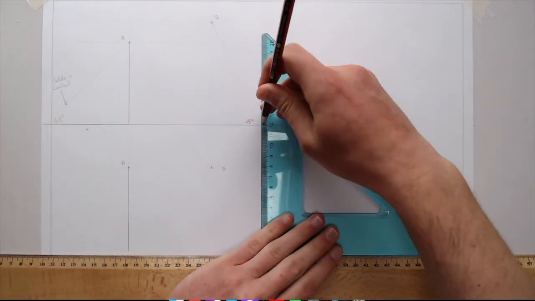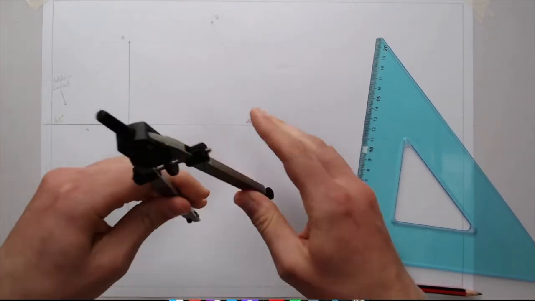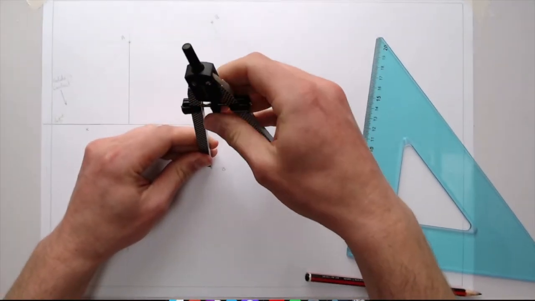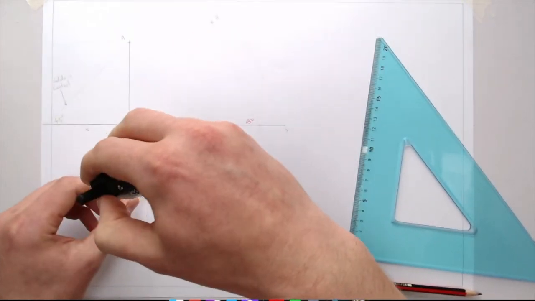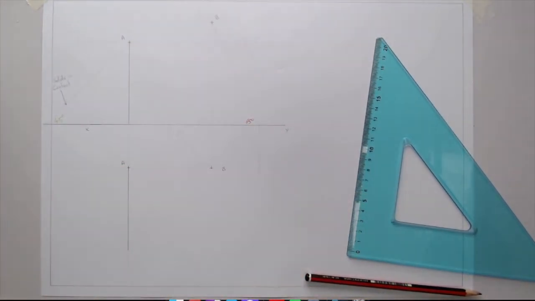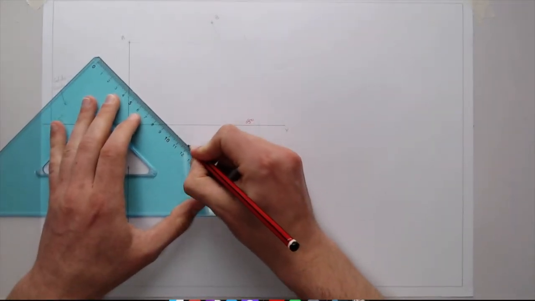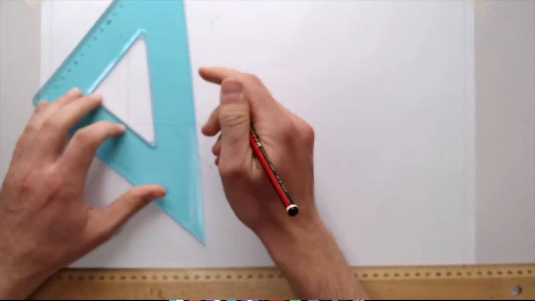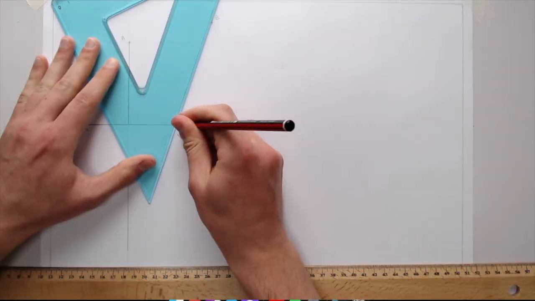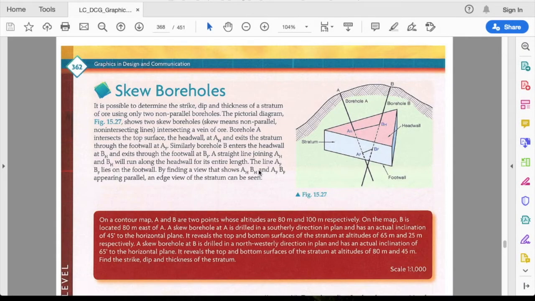I'm going to project down, and I am going to rotate B around until it hits my line, and then that gives me where the skew borehole at B stops. I can then bring it up into my elevation, which allows me to draw in my borehole.